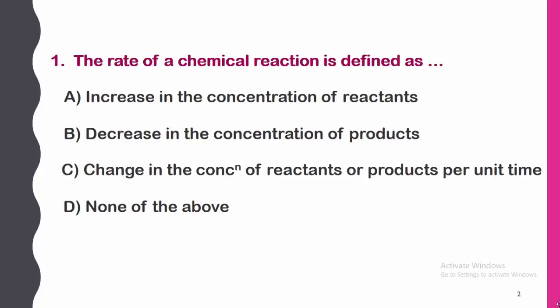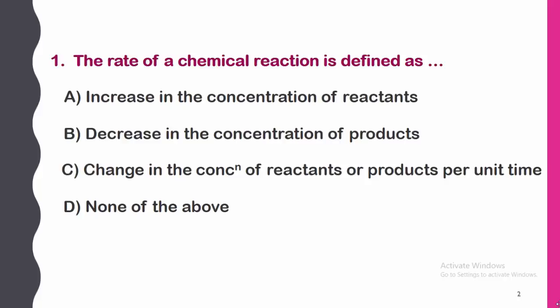This is definitely not the answer, because when a chemical reaction is going on, suppose A goes to product P, the reactant is converted into the product, so reactant concentration always decreases and the concentration of the product increases. So increase in the concentration of the reactants is not the correct answer.